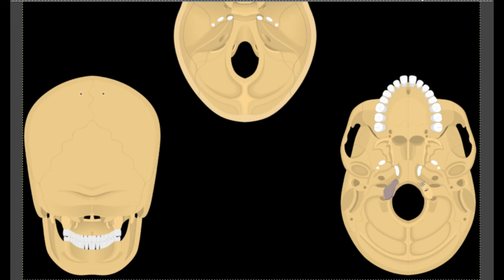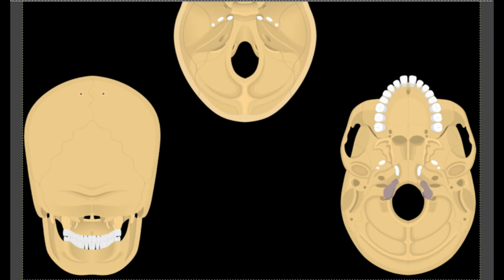So these right here are the condyles of the occiput, which the atlas sits on top of and articulates with. So these are the condyles of the occiput that form the atlanto-occipital joint with the atlas.